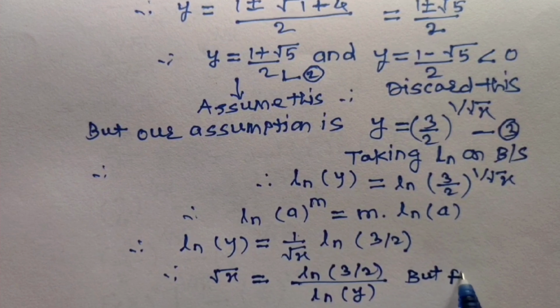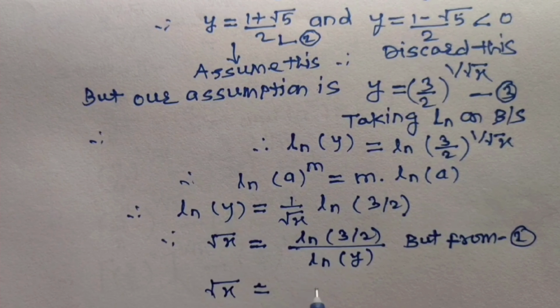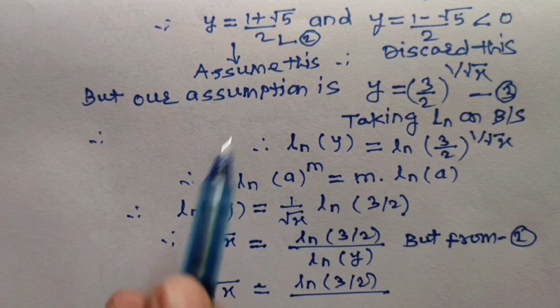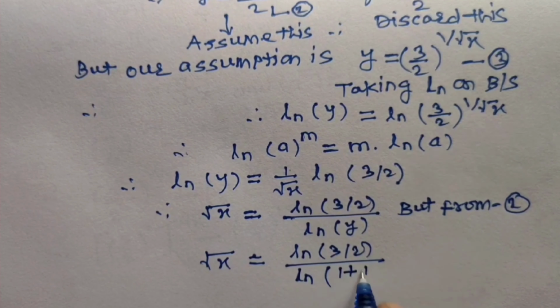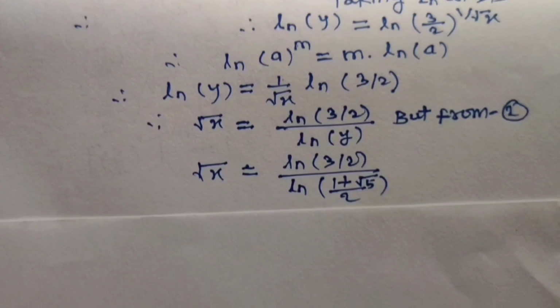But from equation 2, the value of y is (1 + root 5)/2. So we can replace y here by (1 + root 5)/2. Hence square root of x is equal to ln of 3/2 divided by ln of (1 + root 5)/2.